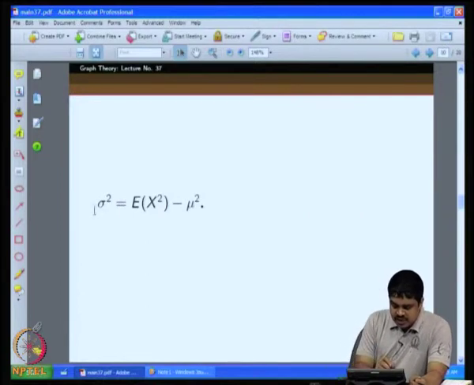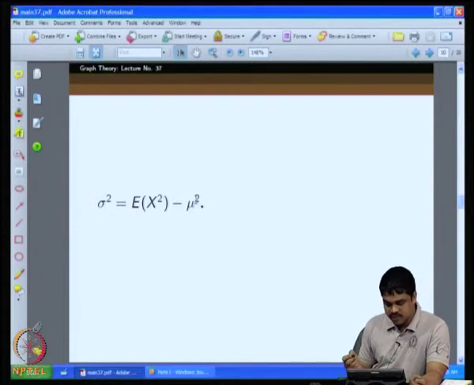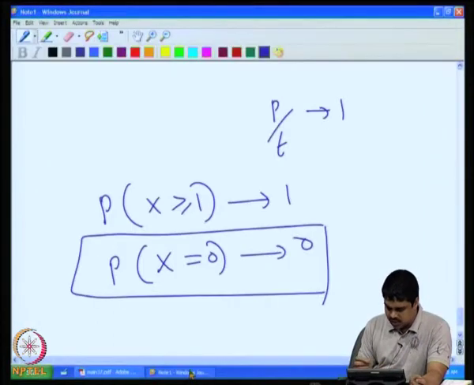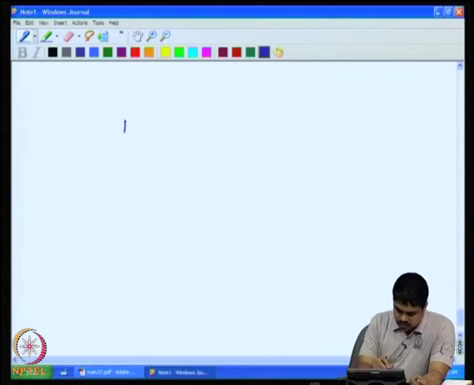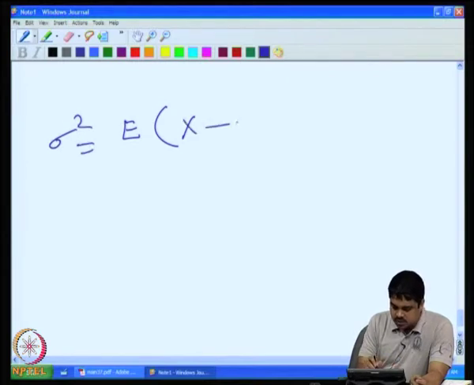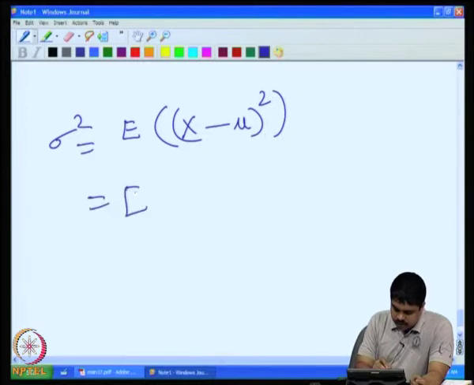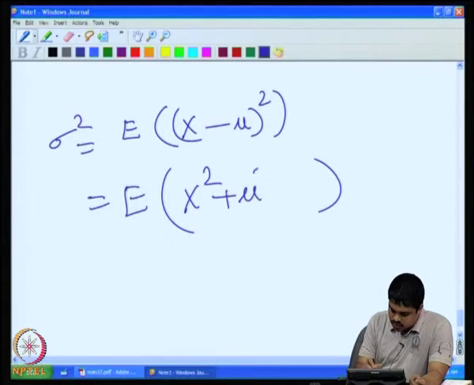Another thing, very easily you can derive that sigma square is equal to expectation of x square minus mu square. How do you do that? This is easy, because sigma square is essentially expectation of (x minus mu) whole square. So, you can expand it. This is x square plus mu square minus 2x mu.